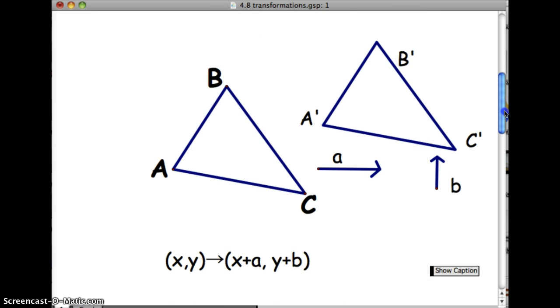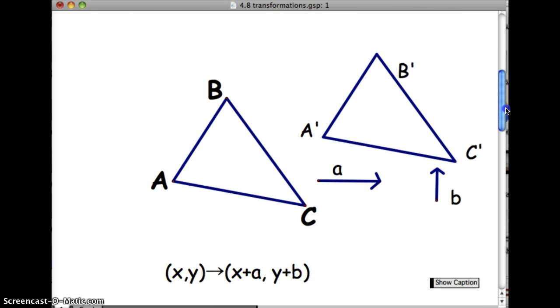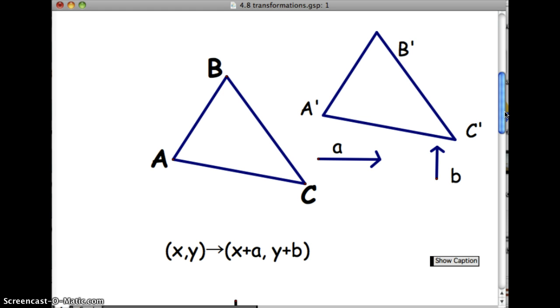So here, we're going to look at two triangles, triangle ABC, and then we have A prime, B prime, C prime. And we are going to do some transformations with it. Now notice, you see here that it's got this little horizontal arrow of a and a vertical arrow of b.